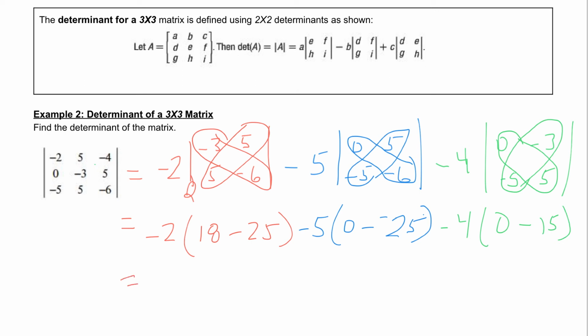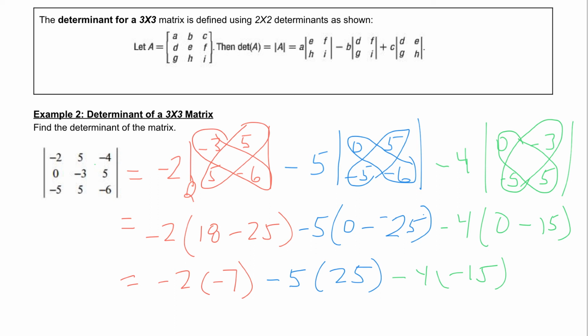So then I end up with -2 times -7, if I subtract 18 minus 25, minus 5 times 25, 0 minus a -25 will make that a plus, and then -4 times -15.